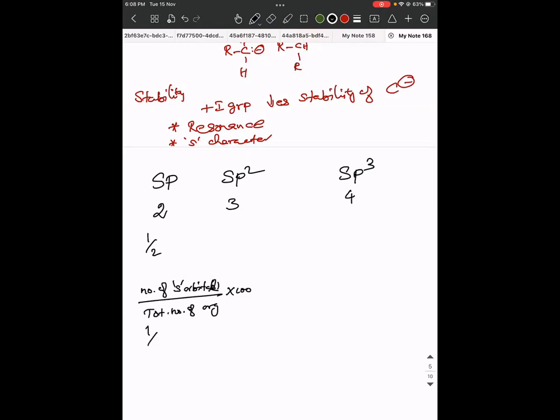So 1/2 into 100, what do you get? 50%, right? For this, 1/3 into 100, and this is 1/4 into 100.